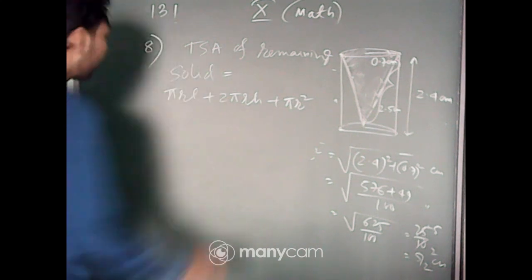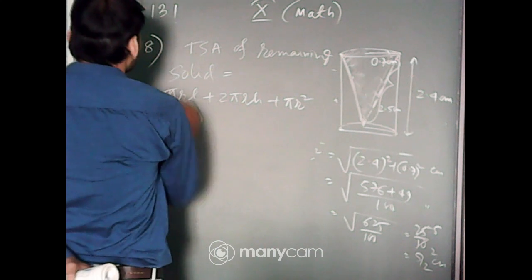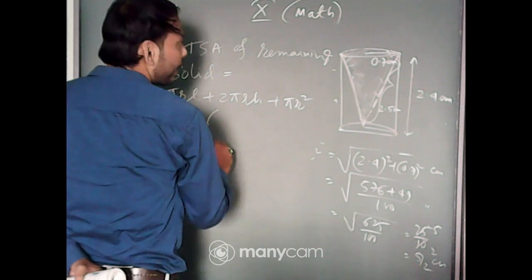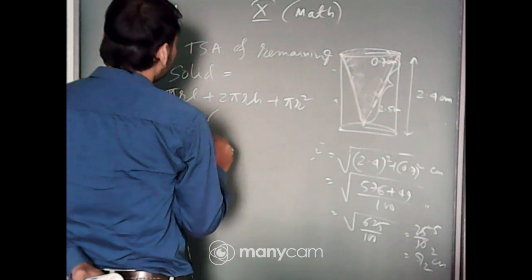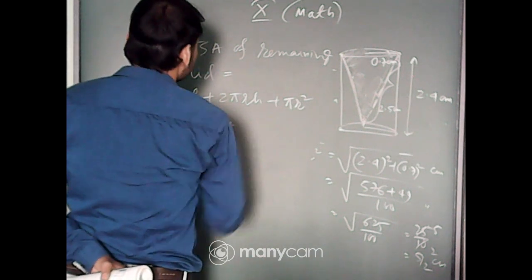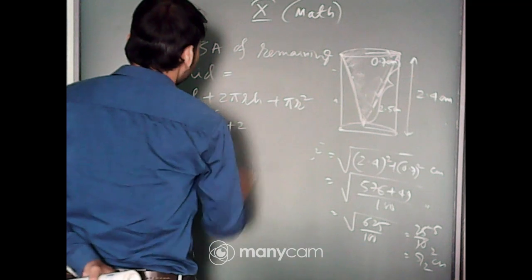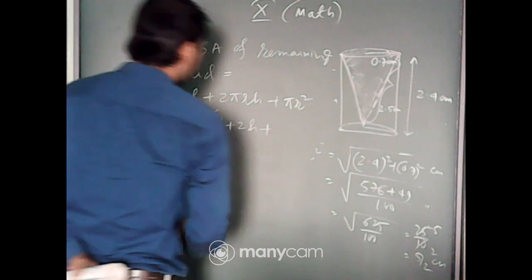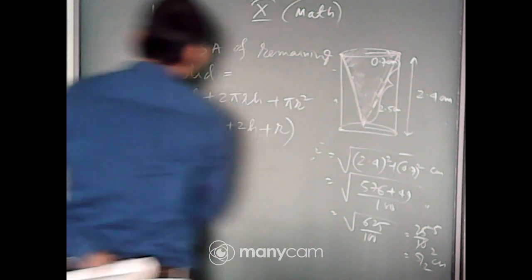Now taking pi R common here, within the bracket L plus 2H plus R. Okay.